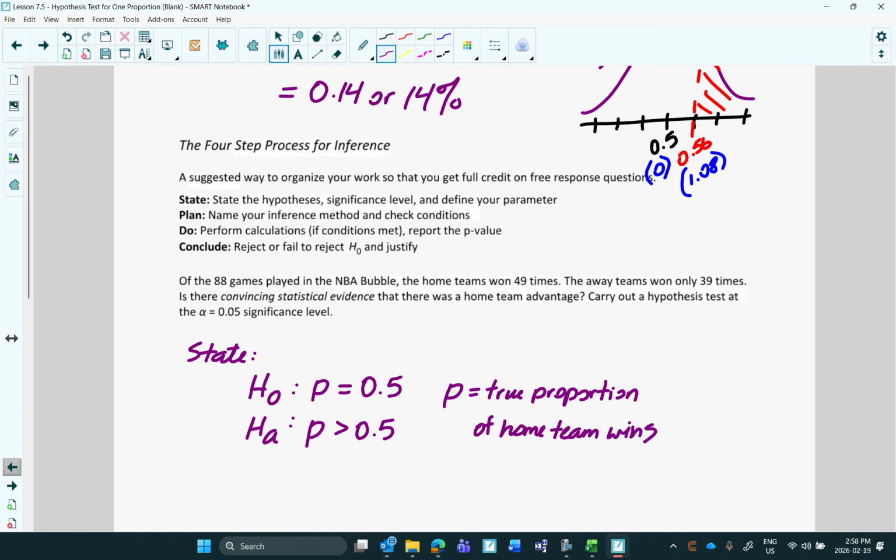In this case, it's 5%. A lot of times it'll be 5%. Sometimes it might be different, but most of the time it'll be 5%.